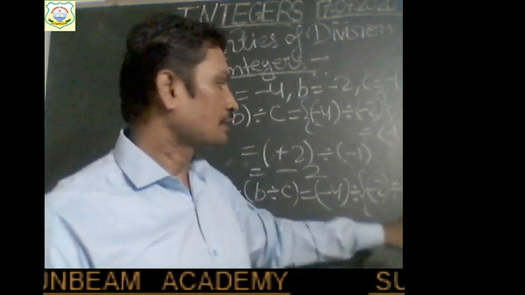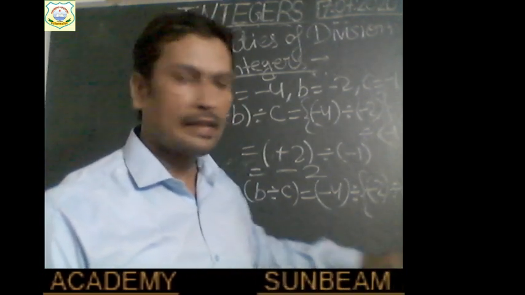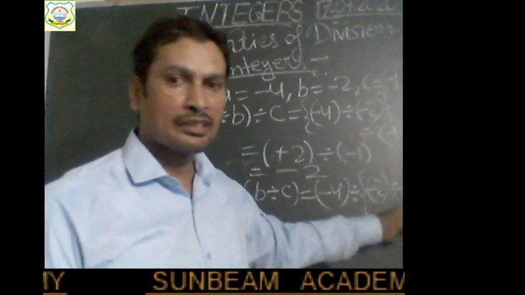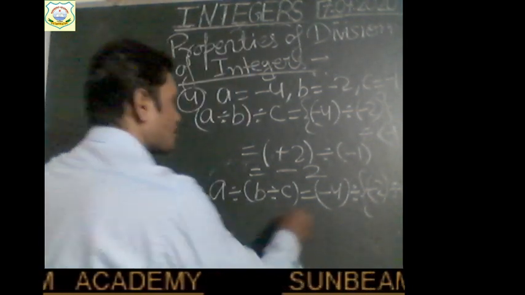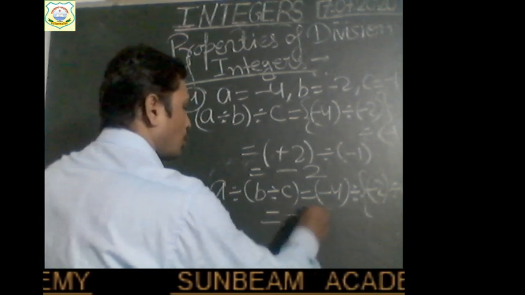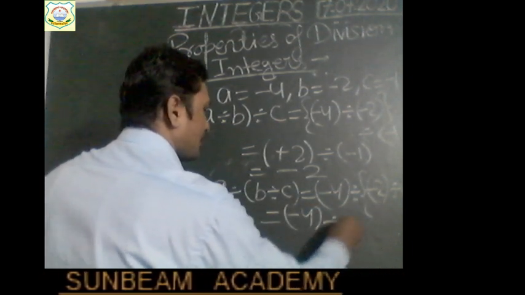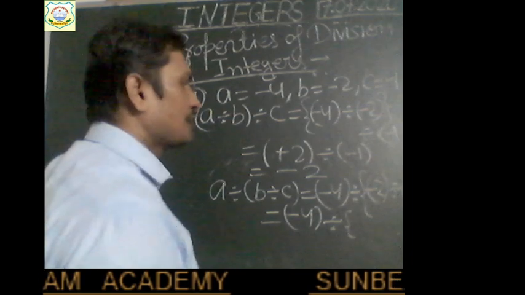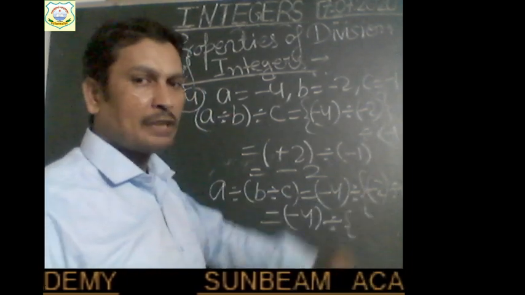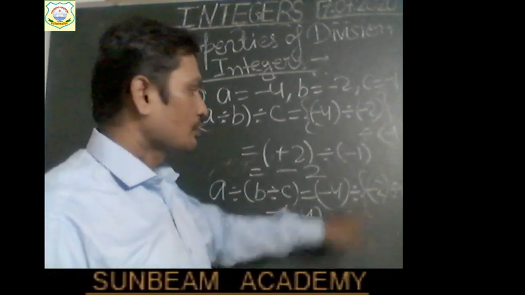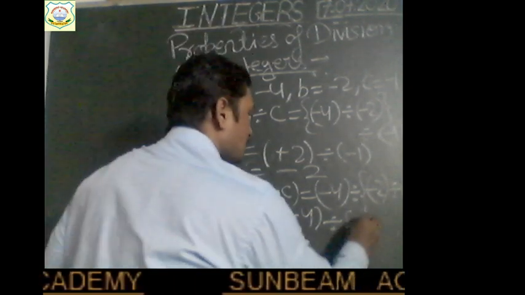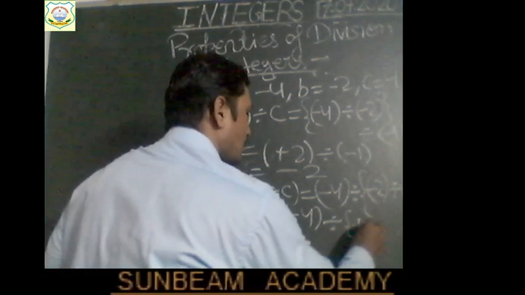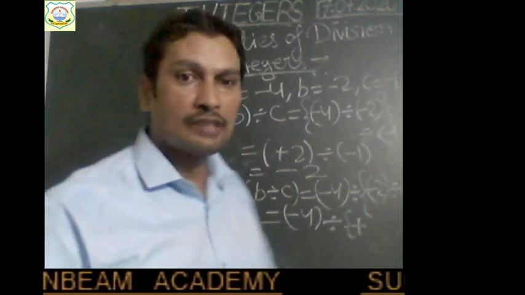Minus 2 divided by minus 1. Here it is minus 1, children. If it is not visible, then I am telling you. So minus 4 divided by, what do we get, children? Minus 2 divided by minus 1. So minus minus will become plus, so we will write plus, and 2 divided by 1 equal to 2.